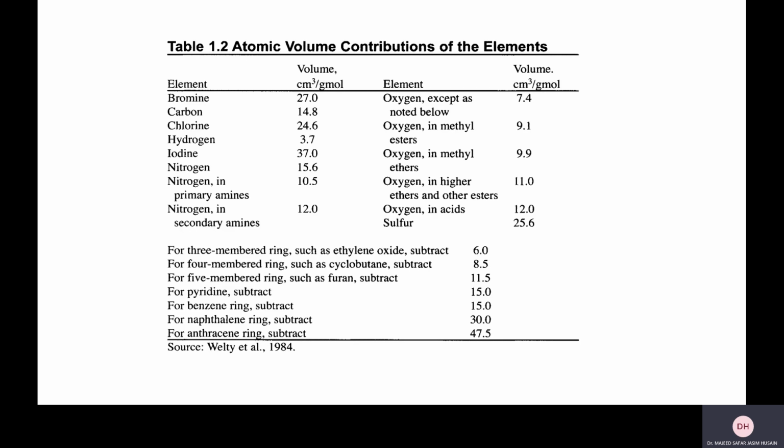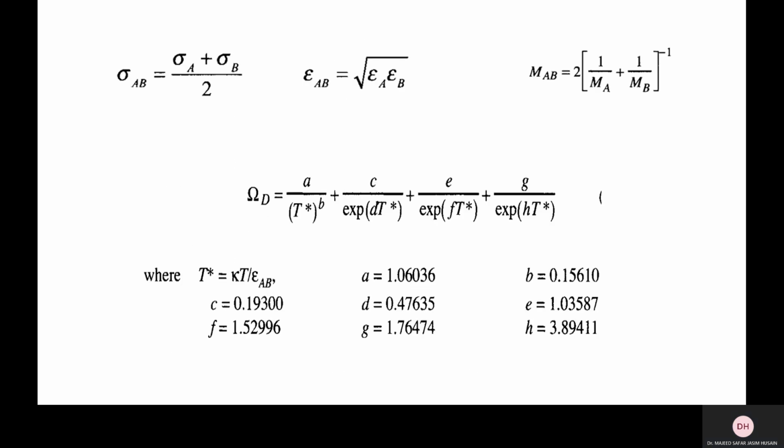Now you are able to find the value of epsilon AB, which is equal to the square root of epsilon A multiplied by epsilon B. You can now put in the ratio of epsilon divided by K. Don't worry, because at the end, when you put it in the T star, it is a ratio of K divided by epsilon AB, so you don't need to find the value of K, the kappa.